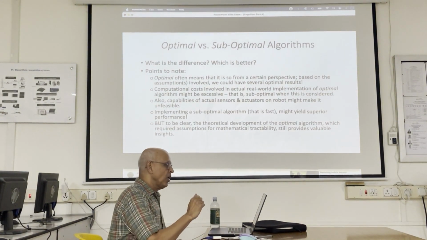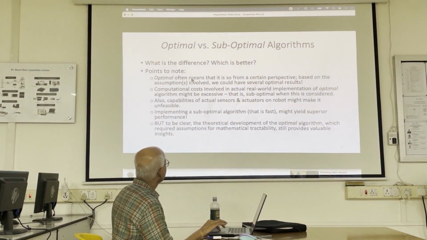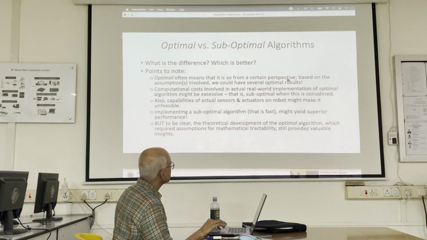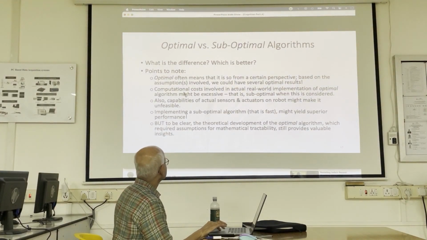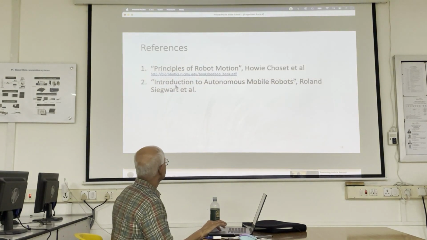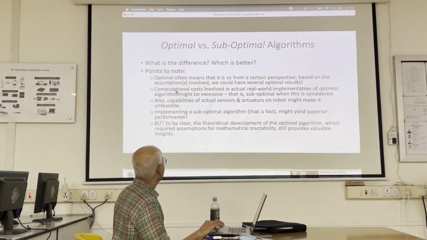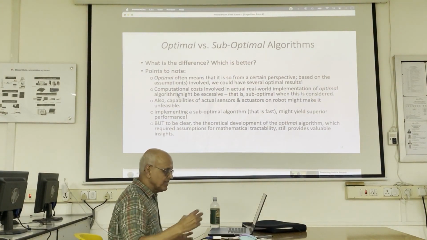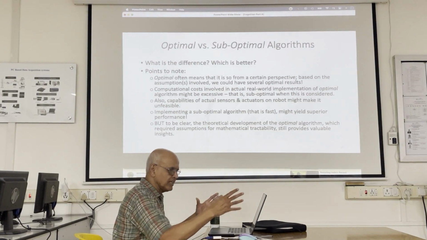Right? Also, let's go to the first two bullets. Optimal often means that it's so from a certain perspective based on the assumptions involved. You could have several optimal results. You might not be able to implement the optimal because, yes, it's optimal, but it's so complicated that when you actually implement it, the computational cost is high.